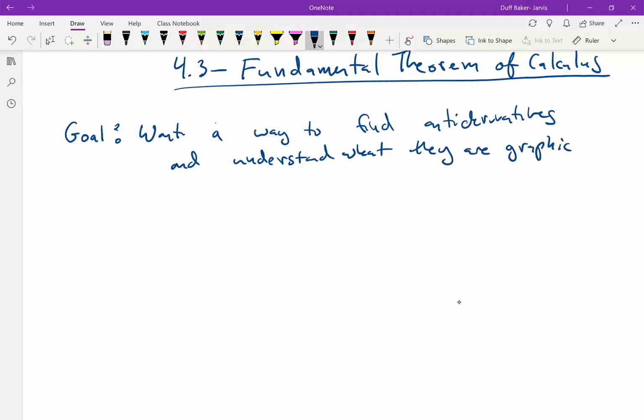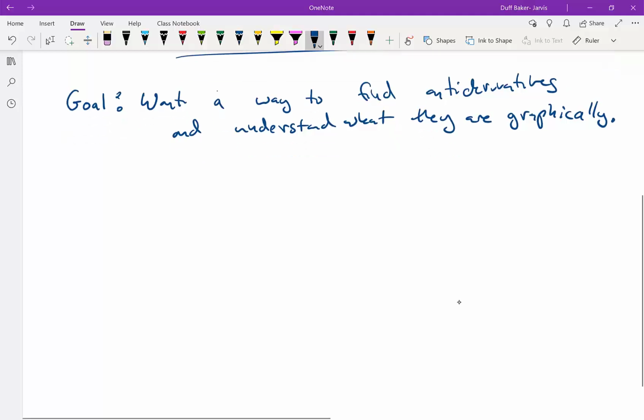And that's going to have something to do with integrals. An antiderivative isn't exactly the same as a definite integral. But let's sort of think about this.